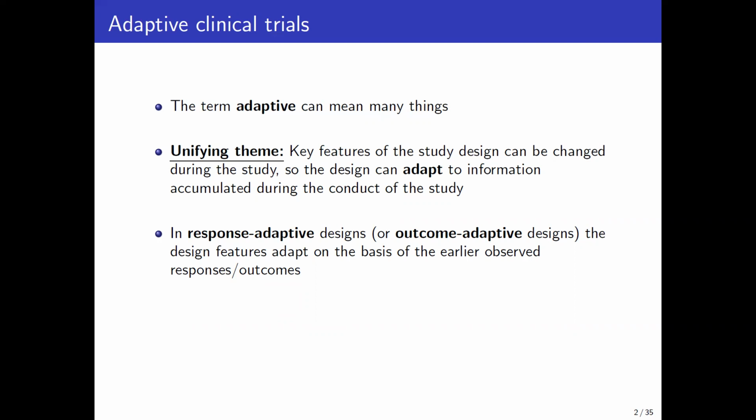The unifying theme, I guess, is that adaptive trials have design features that change or adapt during the conduct of the study in response to the accumulating data. And in particular, response adaptive designs have adaptations in response to essentially the participant outcomes. So as those outcomes are accumulating, design features can adapt to that.